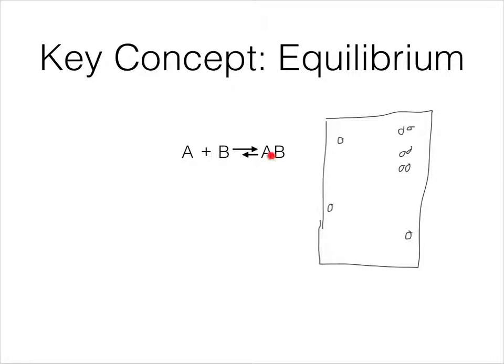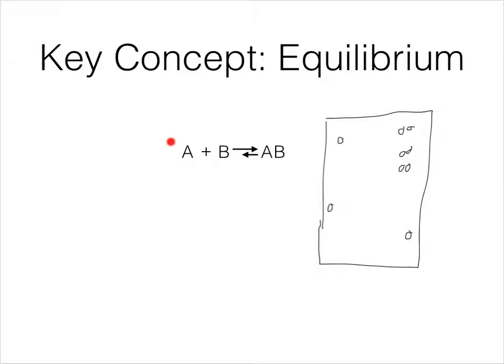That means that A and B, this couple here, can also split apart into just A and B. The way this is structured, with a long arrow pointing right and a short arrow pointing left, means that they will spend more time together than they do apart. So they are more likely to bind than to separate.